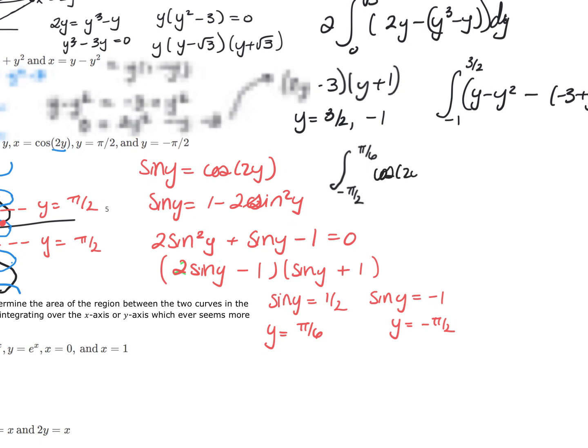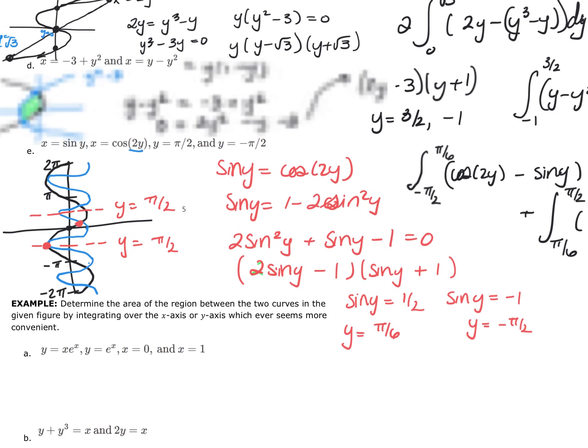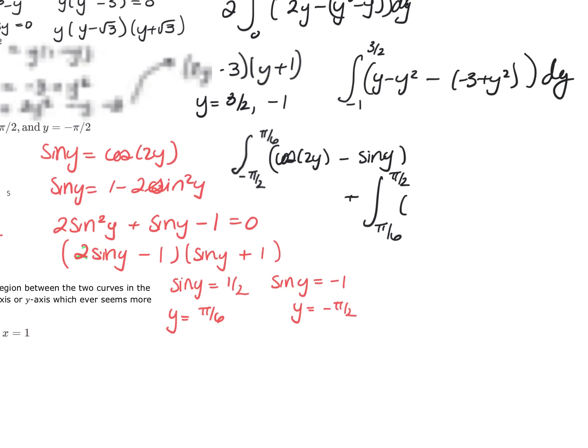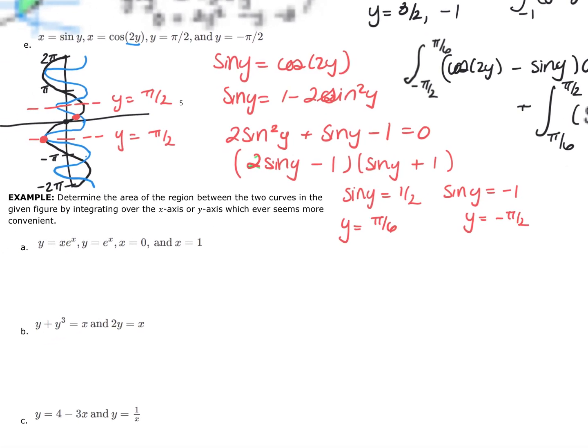So the cosine of 2y minus the sine of y, and then I'm going to add to it the integration of pi/6 to pi/2, and in this region you can see my sine is the most right function, so it's the sine of y minus the cosine of 2y dy, don't forget the dy, and then I'll leave it to you to actually do the integration.